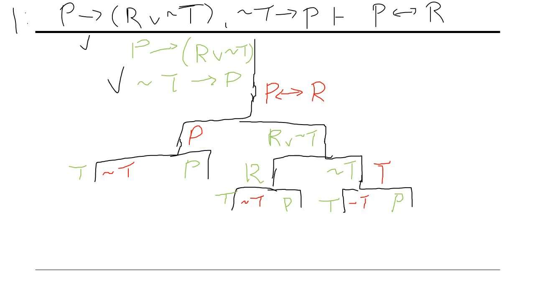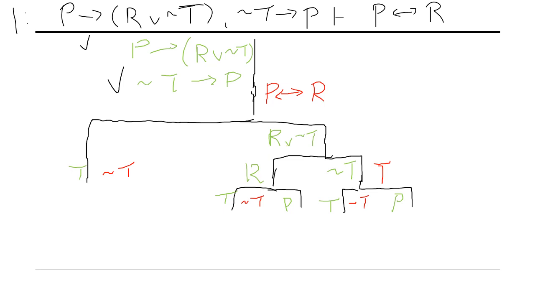The amount of room I need to do this is going to make it a little more difficult, so I'm going to erase this and redo this side real quick.